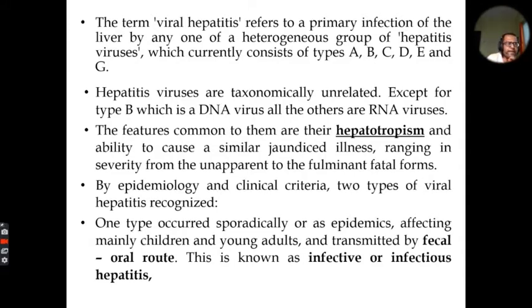Now depending upon the epidemiology and clinical criteria, there are two types of hepatitis viruses recognized. The first type occurs sporadically or as epidemics, meaning at a particular location there is a presence of this type of infection, which we call an epidemic. This group of viruses mostly affects children and young adults.